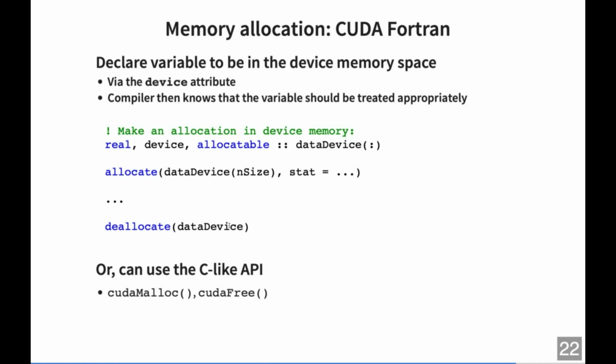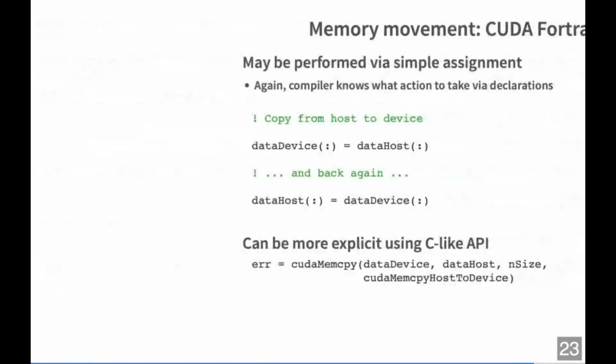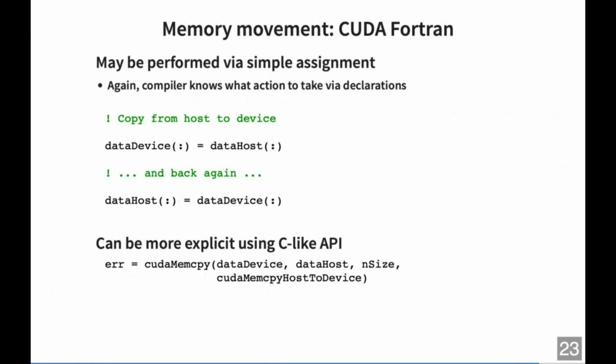You can even try using the CUDA API if you like. The issue of copies is that because the compiler now knows a given array is associated with either host or device, a copy can now be made merely by examining the left and right hand side of an assignment.